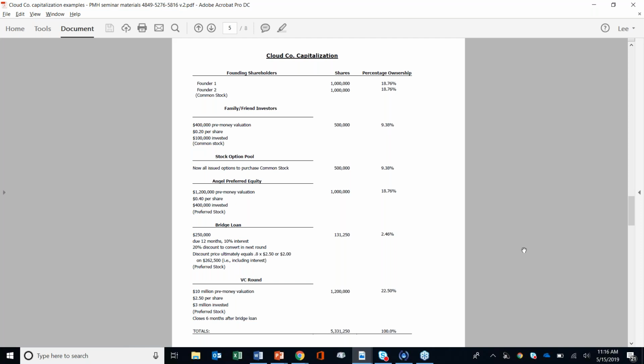So if you see in our examples, you'll see some of these sell-side examples. The original family and friend investors got 20% of the company, $400,000. So if this company does really well, that's a low valuation at which they got 20% of the company. And the ultimate equity investors in the final VC round got 22.5% of the company for $3 million.